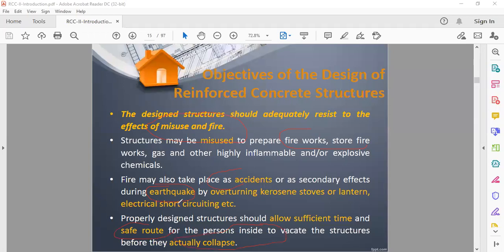If such accidents occur, you should have some other way to vacate that particular structure. It has happened many times. If we go through the news, yes, this kind of accident happens, and because of this, losses in terms of life, money and other things mostly occur.